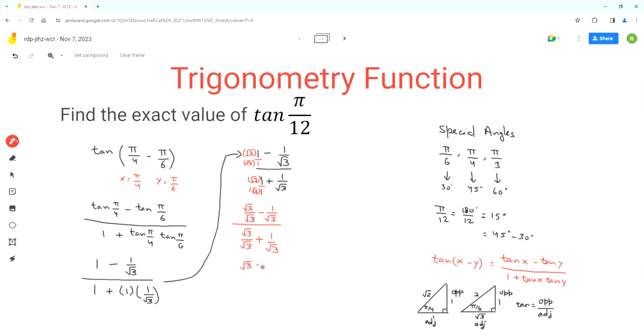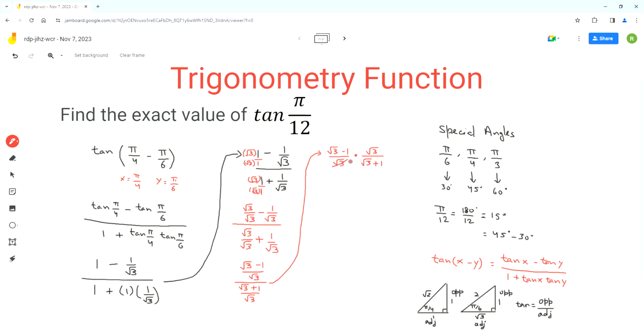In the numerator we get square root of 3 minus 1 over square root of 3, over square root of 3 plus 1 over square root of 3. Now we can simplify this expression by flipping the bottom fraction. So we get square root of 3 minus 1 over square root of 3 times square root of 3 over square root of 3 plus 1.